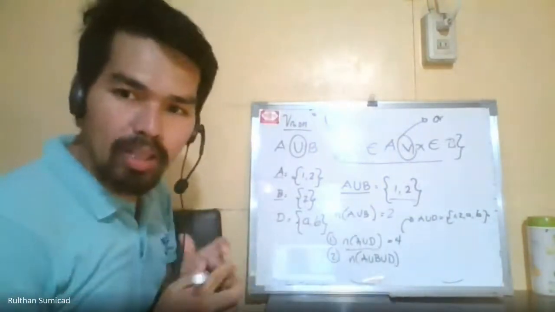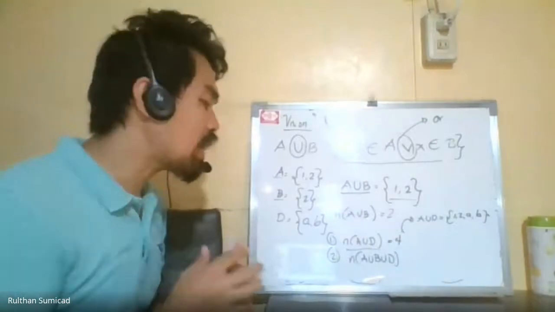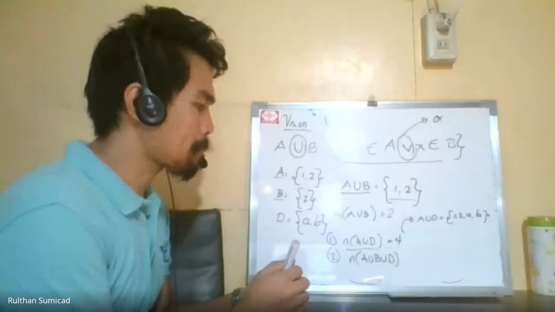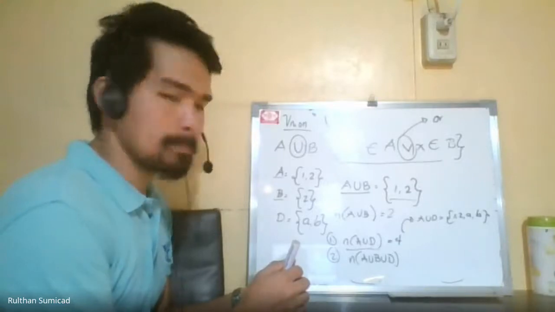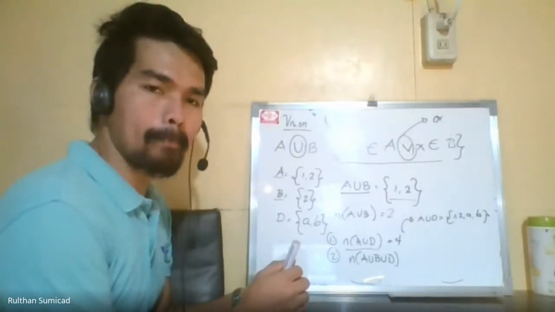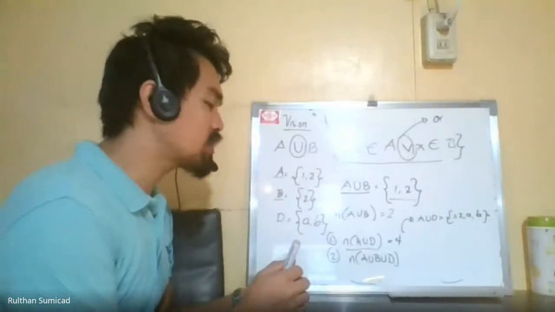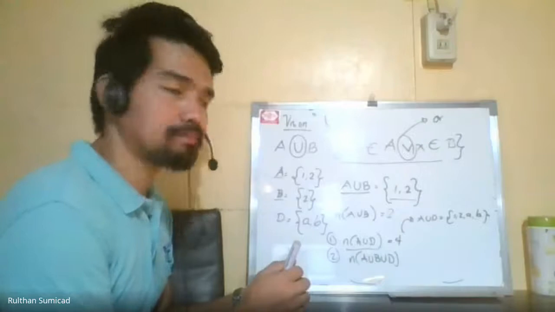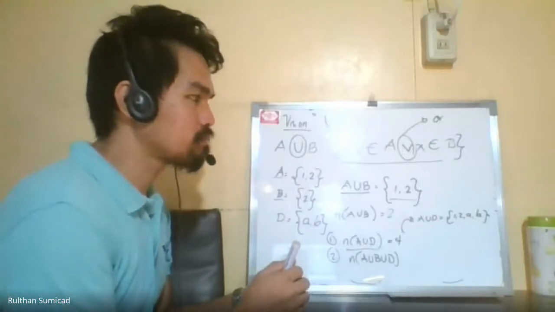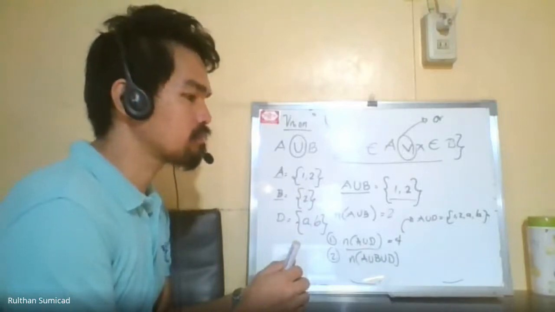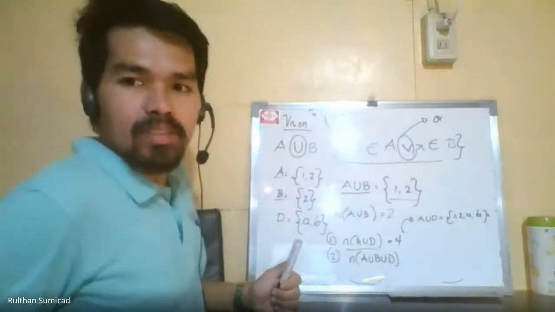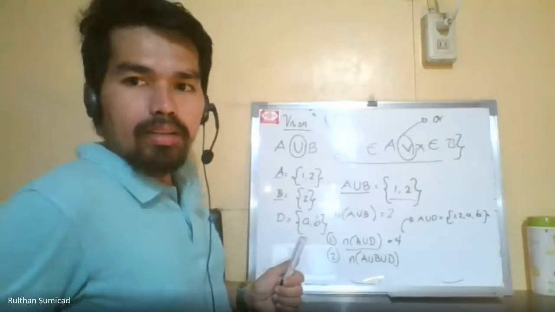Very good. Now let's hear from Villarreal. What about number two? What is the cardinality of A union B union D? Villarreal.